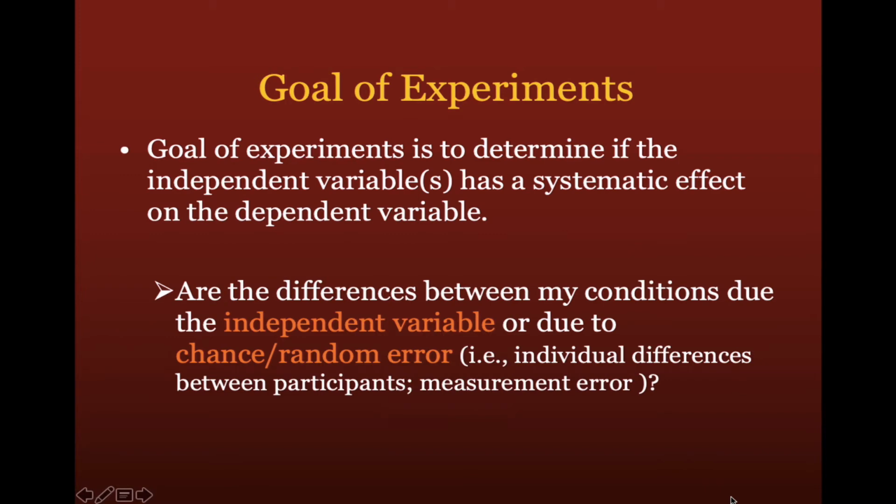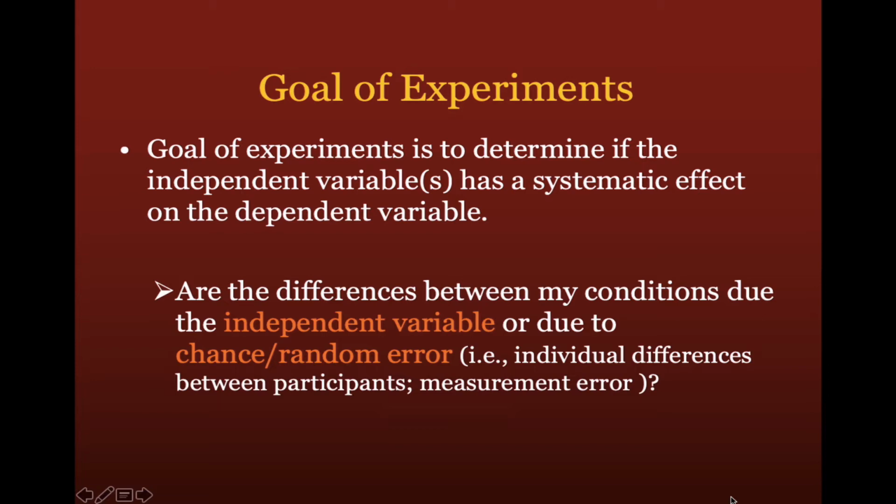So as we've established, the goal of an experiment is to establish cause and effect relationships. And what we're trying to see is if our independent variable has systematic effects on the dependent variable. In other words, we're trying to see if one group systematically differs from another group, one condition systematically differs from another condition.